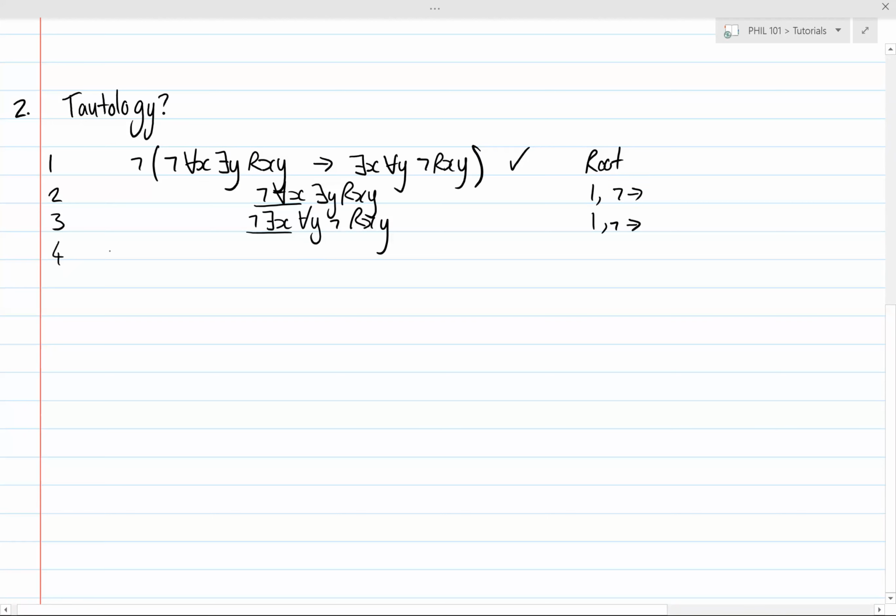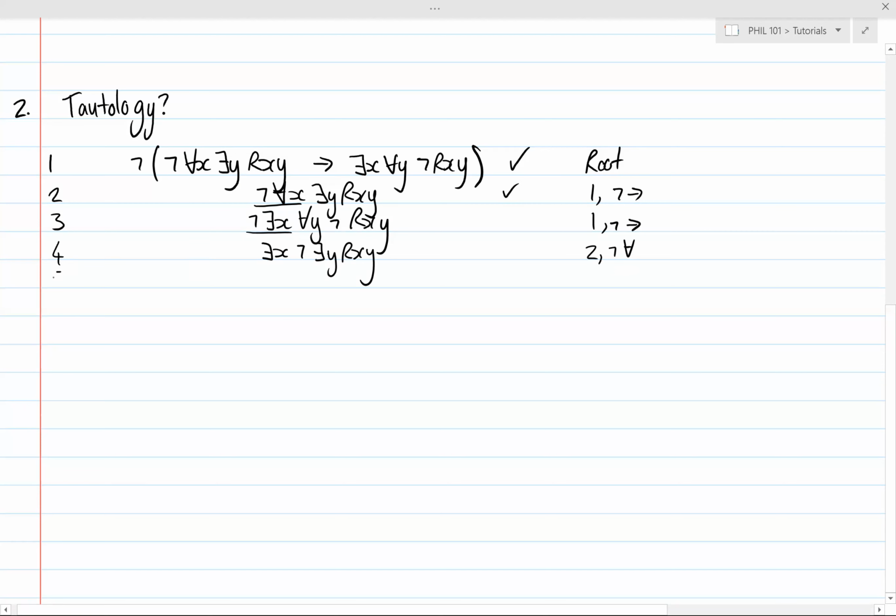So let's do the negation of for all, which is exists x, negation of exists y rxy, and that came from line 2 using the negated for all rule.